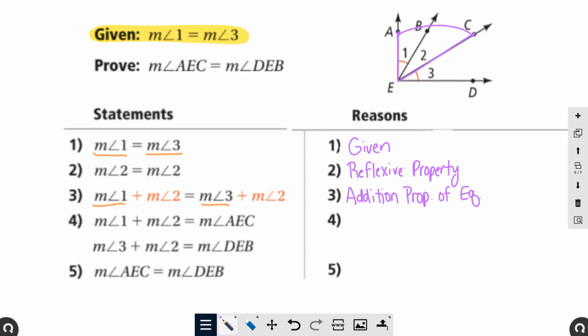Now, since we had all these snow days, it's been a long time since we used those phrases, but that is our angle addition postulate. And I know we have that down on an index card. We have our segment addition and angle addition postulate. When you add 2 angles together, you get the whole angle.